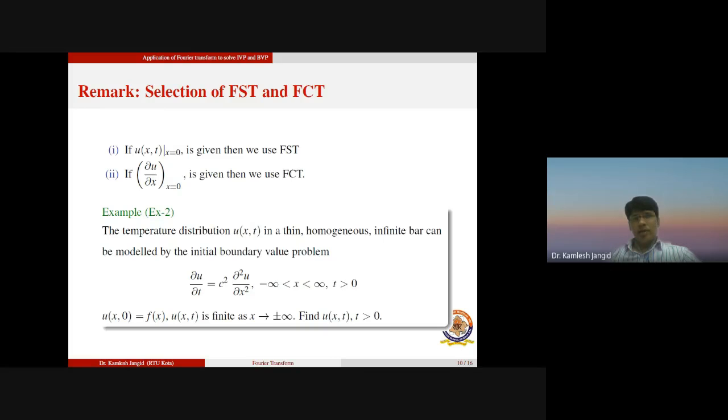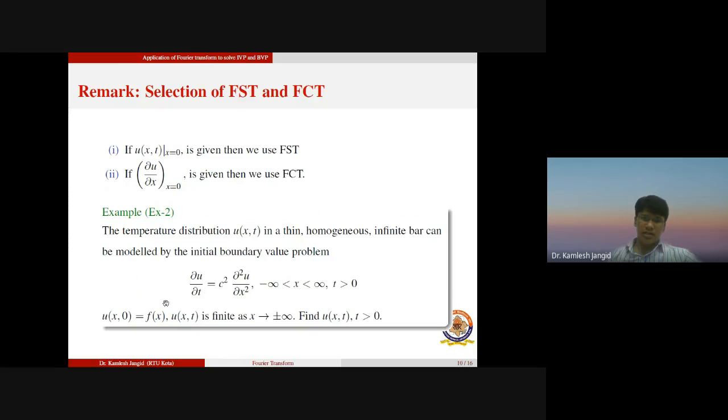So let us see the application of Fourier transformation to solve initial value problems or boundary value problems. The temperature distribution u of x comma t in a thin homogeneous infinite bar is modeled by the initial boundary value problem: del u upon del t equals c square times del 2u upon del x square, where x lies between minus infinity to plus infinity and t is greater than 0.